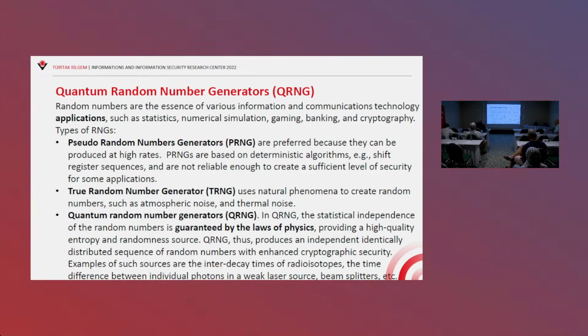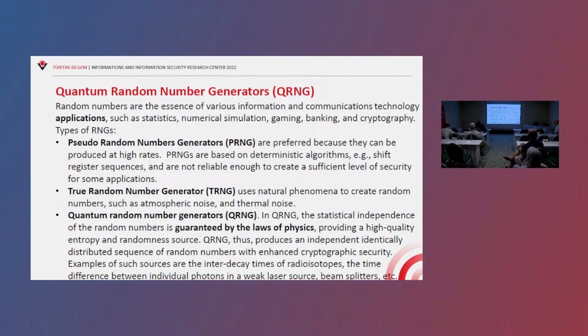I would like to say a few statements on quantum random number generators, because together with QKD, quantum random number generators also exploit quantum properties of photons. Typically photons, but we could use other quantum systems besides photons.